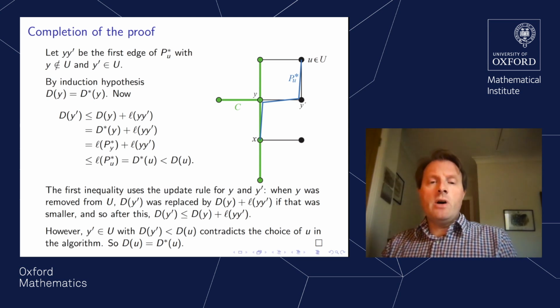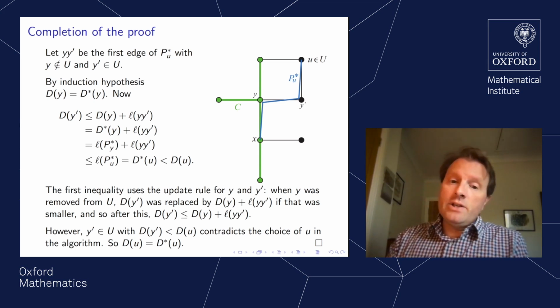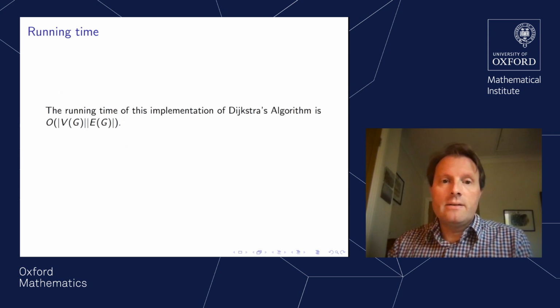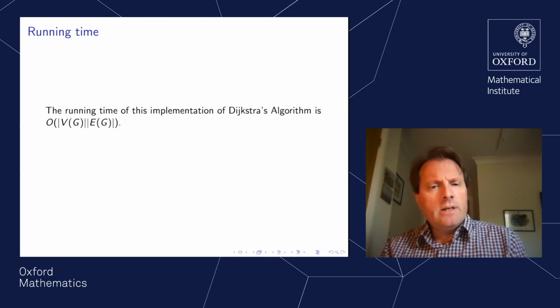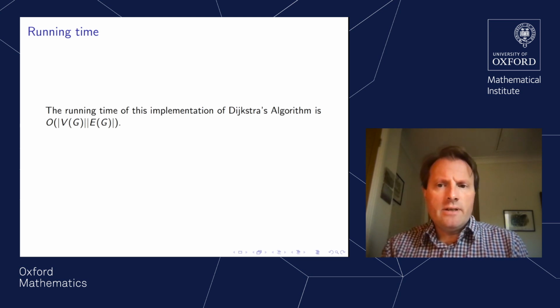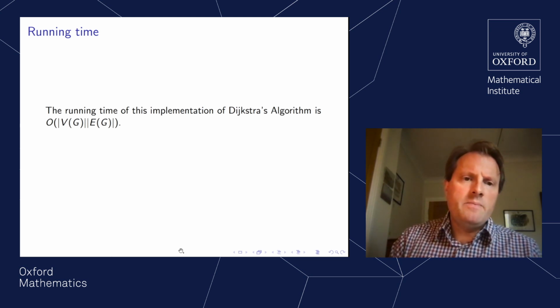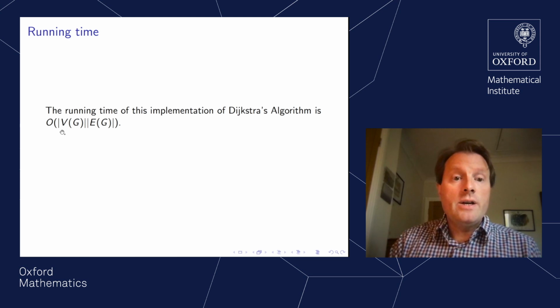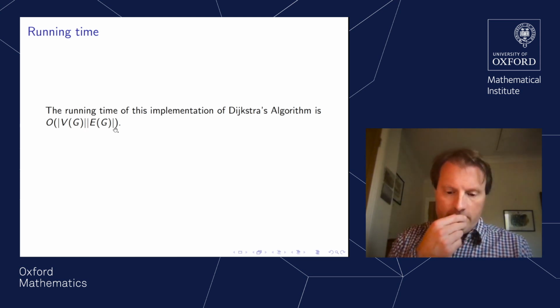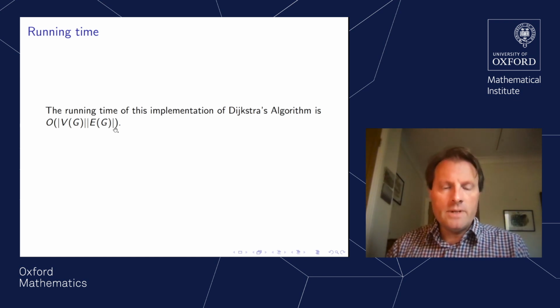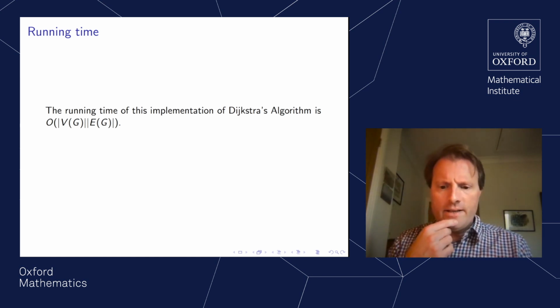So I think it's quite a remarkable algorithm because it's extremely efficient. Let's just analyze its running time. So the running time of this algorithm is big O of the number of vertices of the graph times the number of edges in the graph. So let's just understand why that is.